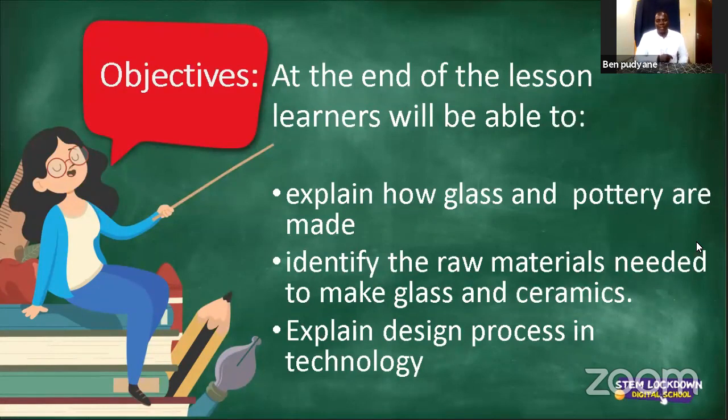Number three, a mixture of sand, limestone, and soda ash is used to make glass. If you mix those three things, you'll end up with glass. You mix them together and put them in the kiln, in the furnace, a very hot oven of fire.